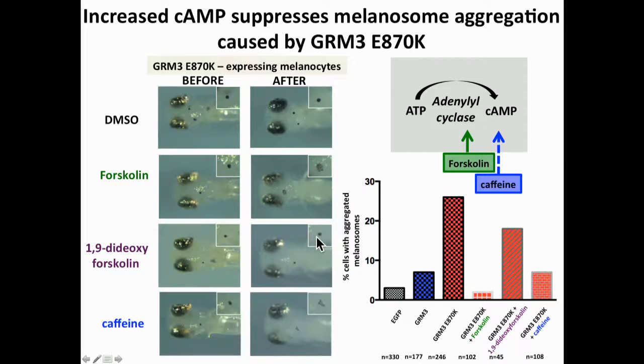And when we used caffeine, which is able to indirectly increase cyclic AMP levels, we were able to see melanosome dispersion, showing that increased cyclic AMP is able to suppress melanosome aggregation caused by the E870K mutation.